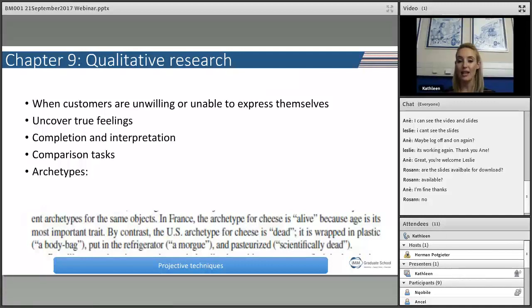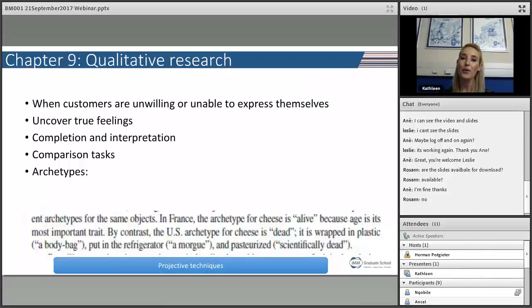Research was done that allowed us to conclude that the American customers of cheese had a completely different perception of it. They viewed cheese as being something that was dead because it tends to be wrapped in plastic and stuck in the fridge, which they associated with an item that had no life left in it.